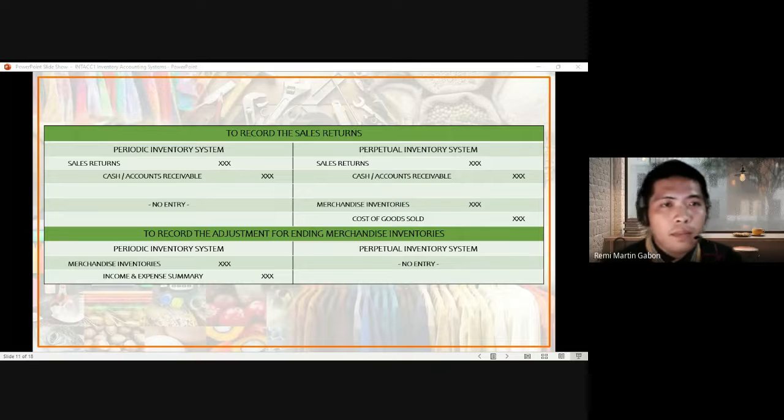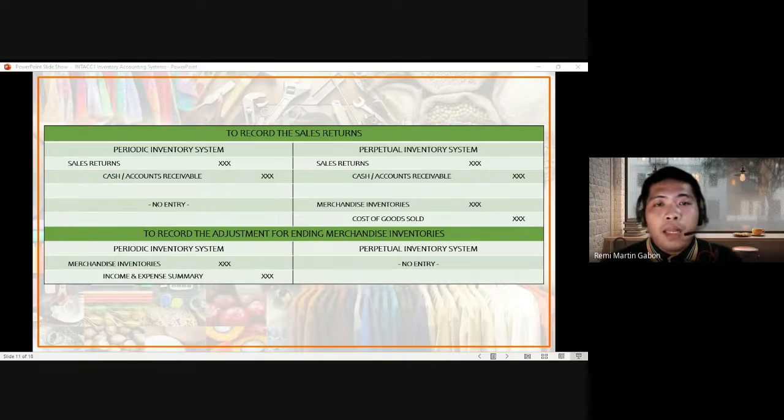Okay? Then to record the adjustments for ending inventories, only periodic will have a journal entry. This is in connection with the reconciliation of the records with the physical count. To record the adjustment for ending inventories, we debit merchandise inventories and credit income and expense summary, or sometimes income summary lang.